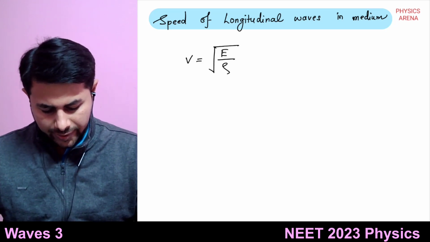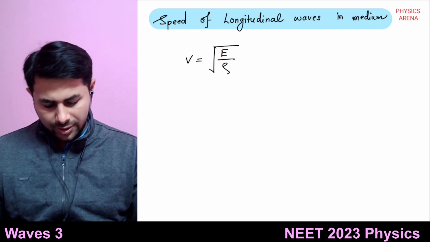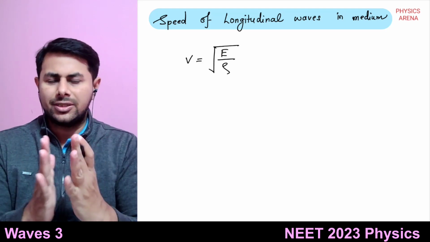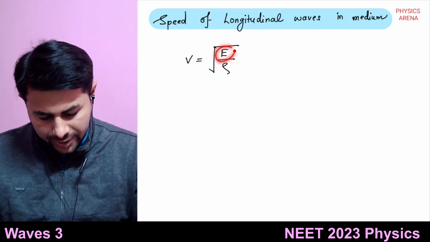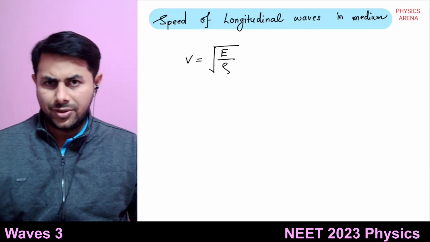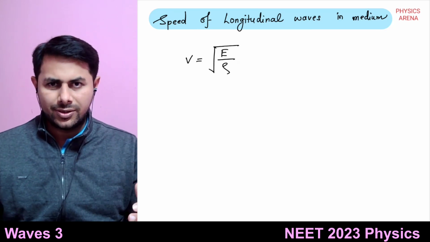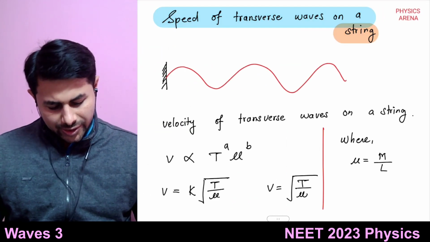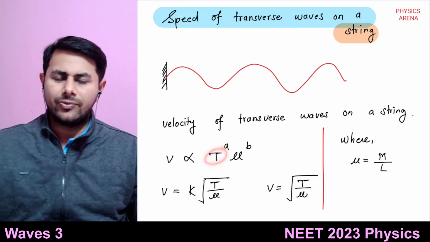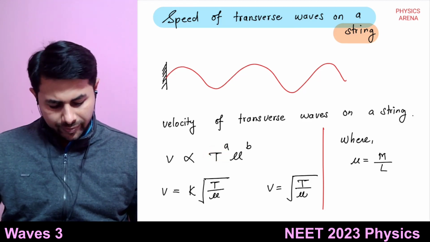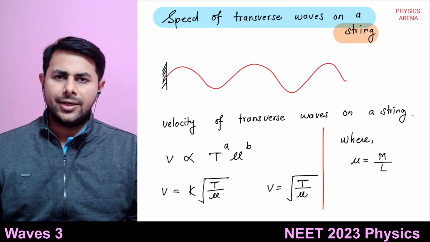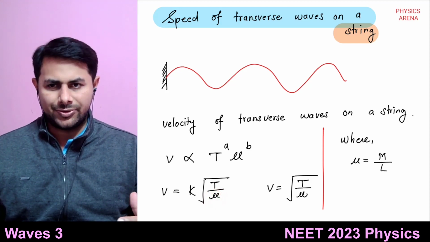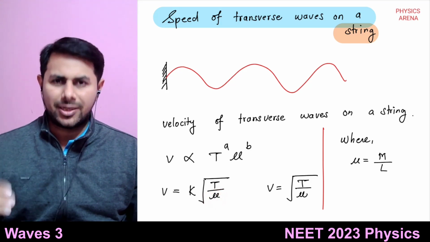Okay, why so? See, the restoring force in a medium, or restoring stress you can say, when the medium is subjected to some compressions and rarefactions, is determined by the elasticity of the medium. As we discussed in transverse waves, there is a restoring force which helps in traveling of the transverse waves in a medium, and there is an inertia factor, which is mass per unit length in that case, which opposes the vibration of particles.